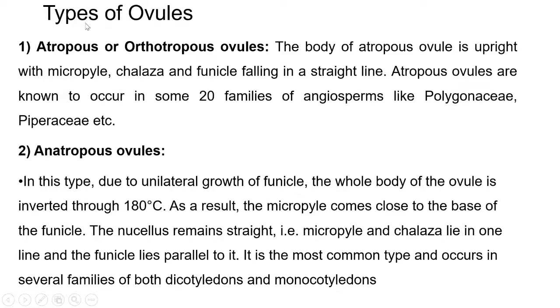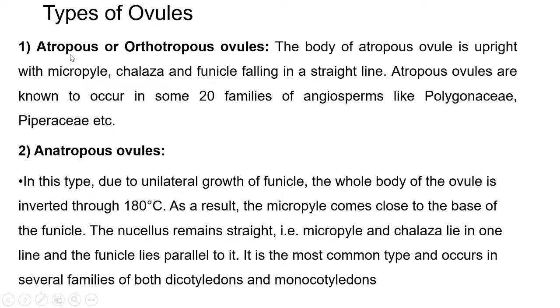Now let us see what are the different types of ovules. On the basis of direction of the micropyle region and chalaza region of the mature ovule, ovules are categorized into different types. There are total 5 types.